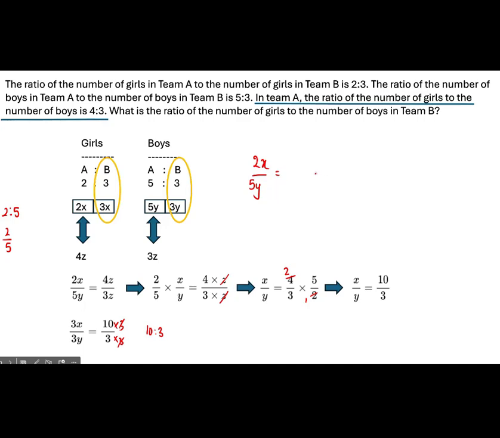That is equal to, x is 10, so I would say 2 times 10 over 5 times 3 here, because y is 3. That gives me 20 over 15. On simplification, this would be 4 over 3, or in ratio 4:3. So does that match with what we got here? Yes.